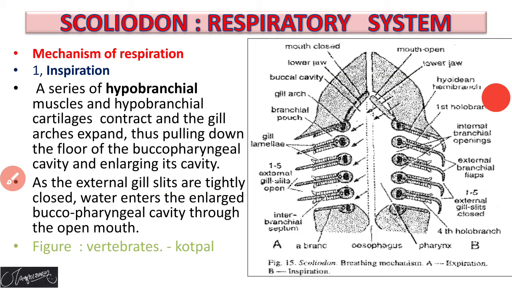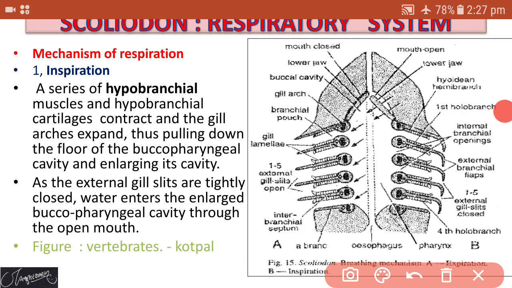Then, let's see the two main steps of the mechanism of respiration. First is inspiration. In this diagram, on the B side, we can find the process of inspiration. What happens at the time of inspiration?